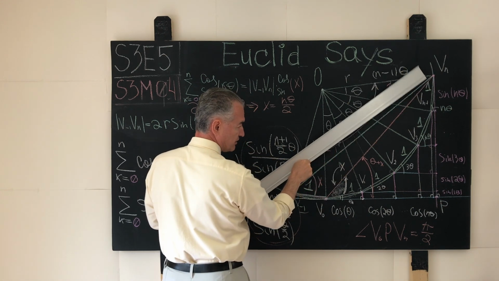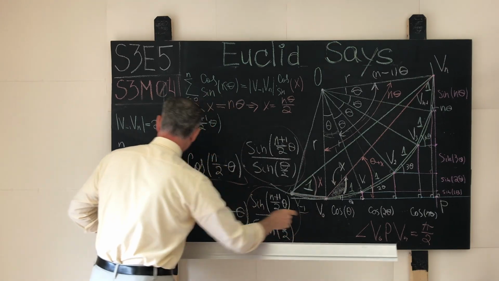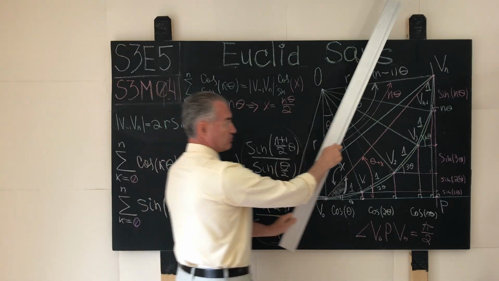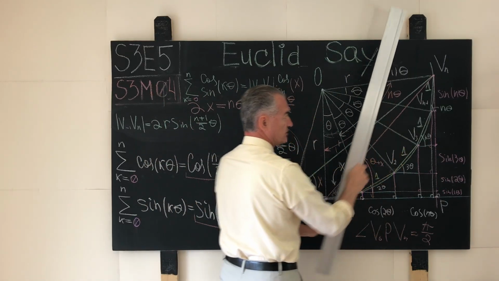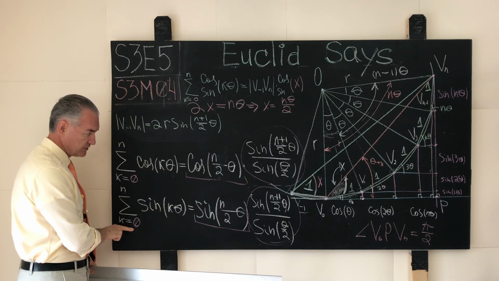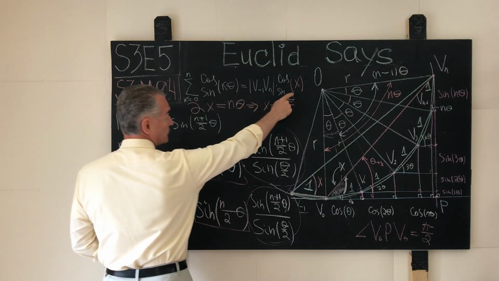This guy projected horizontally gives us the sum of cosines where the summation begins with 0. And the same thing projected vertically will give us the sum of sines where summation variable k runs from 0. That's it. The rest from this formula follows the same.